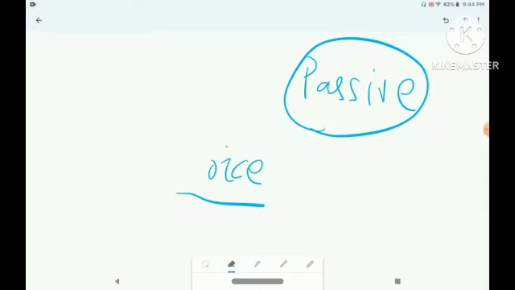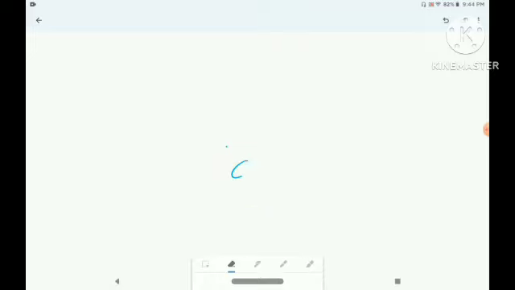So first we have to learn that we can only have this active and passive voice in transitive verbs.